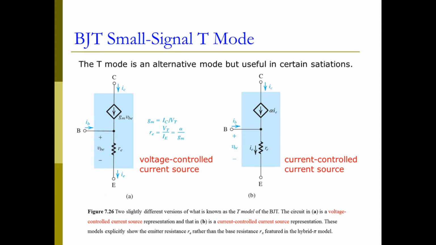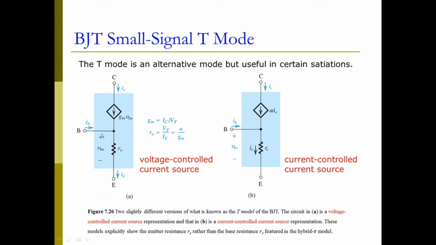There's another model which is convenient to do the analysis. That is called the small signal T model. The T model is an alternative model, but it is useful under certain conditions. For example, for the emitter follower, which we are going to analyze in the future. And in this T model, we also have two versions here, right?